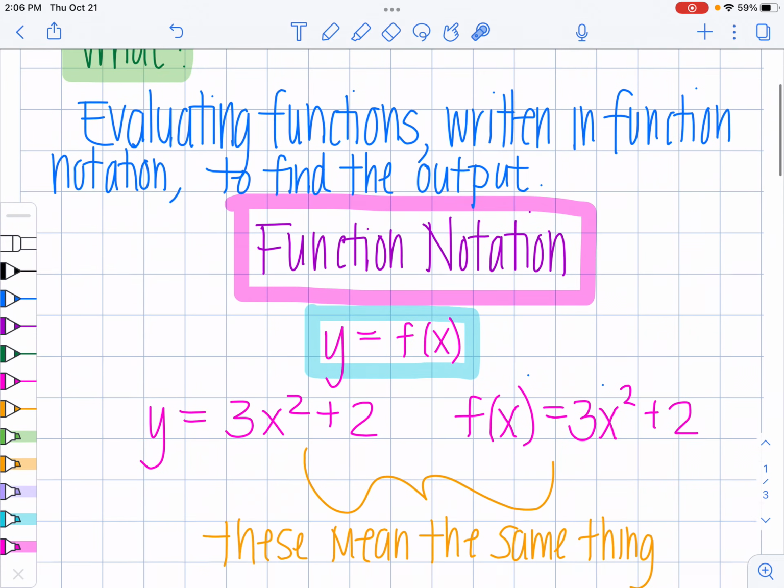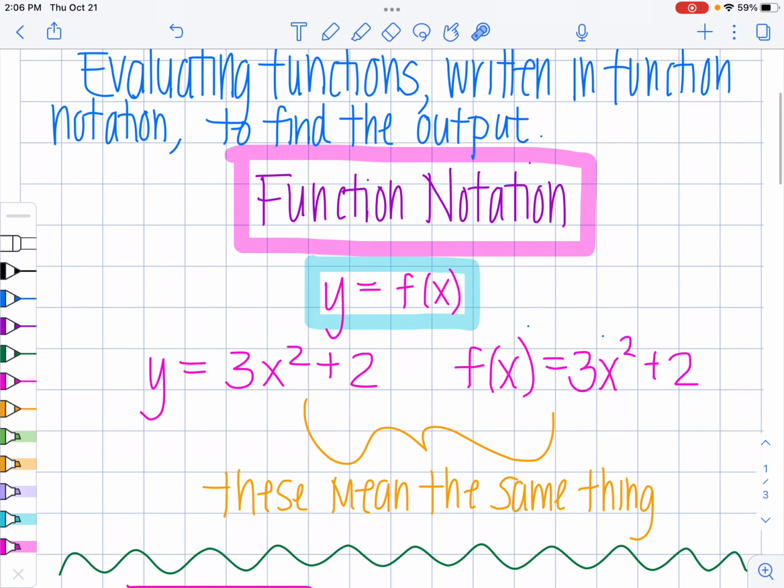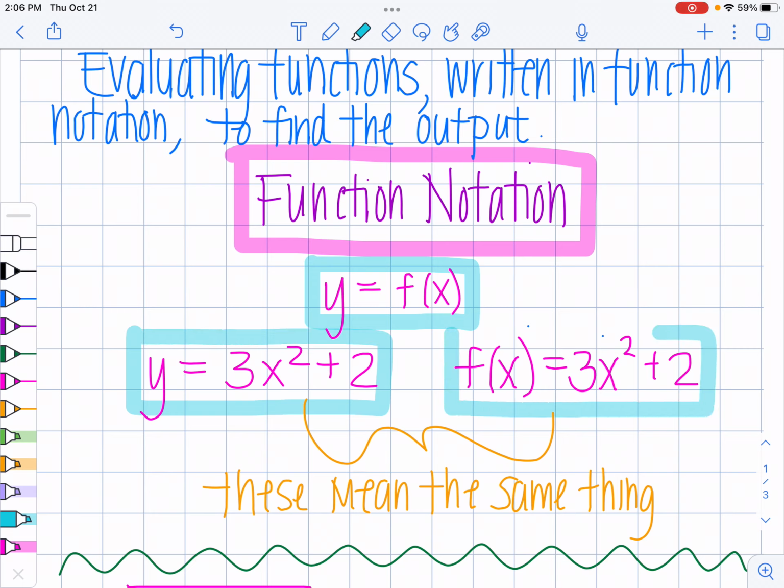So if I'm looking at these two functions right here, y equals 3x squared plus 2, and f of x equals 3x squared plus 2. The only difference is the y and the f of x. Other than that, they're really exactly the same thing because y means the same thing as f of x. So if it makes sense to you not to write out this function notation, just replace it with a y, okay?